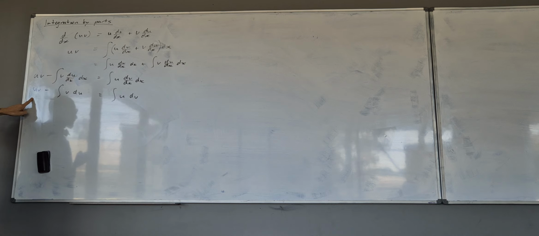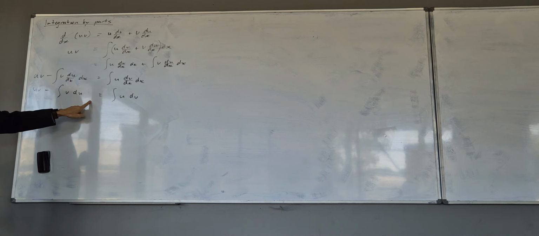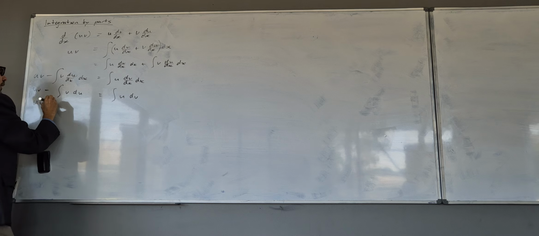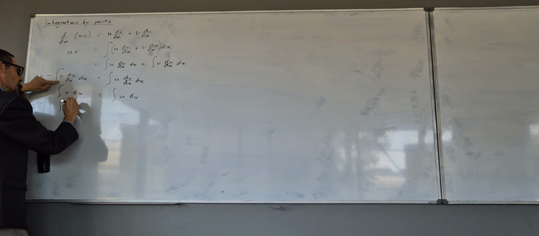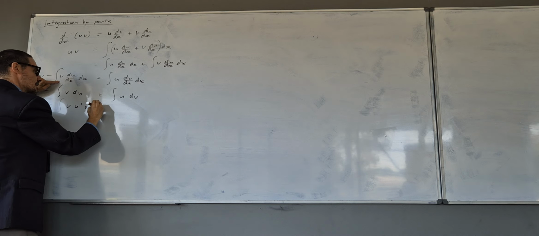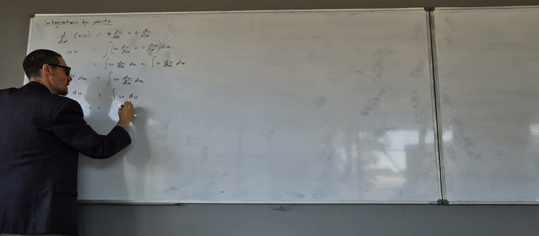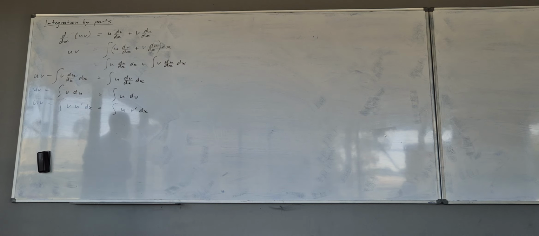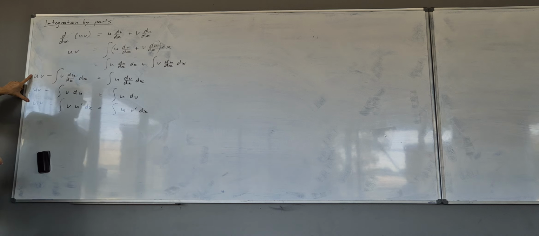That's how I remember it. Integral of u dv is uv minus the integral of v du. You could also write this as uv minus the integral of v u dashed dx, integral of u v dashed dx. They're just different ways of writing the same thing.